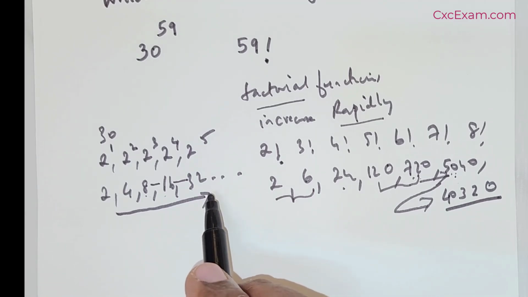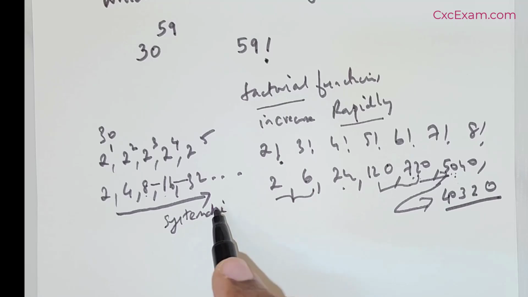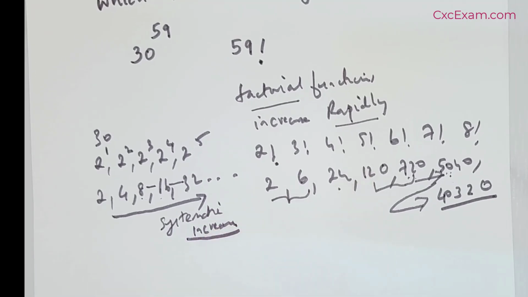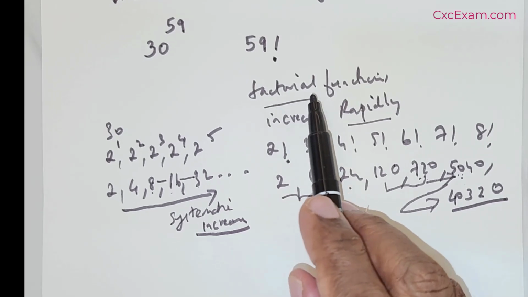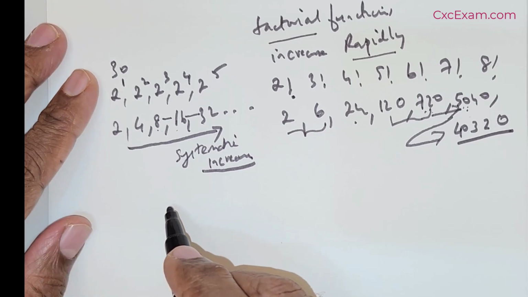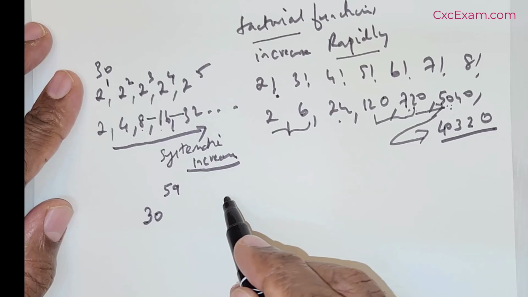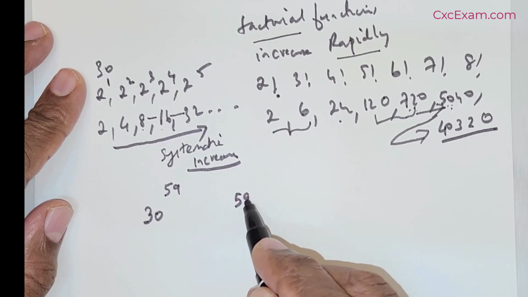So the point I wish to make here is that this power function is a very systematic increase, but that is not the case with the factorial function. Now we are given to compare two quantities, 30 raised to the power of 59 and 59 factorial.